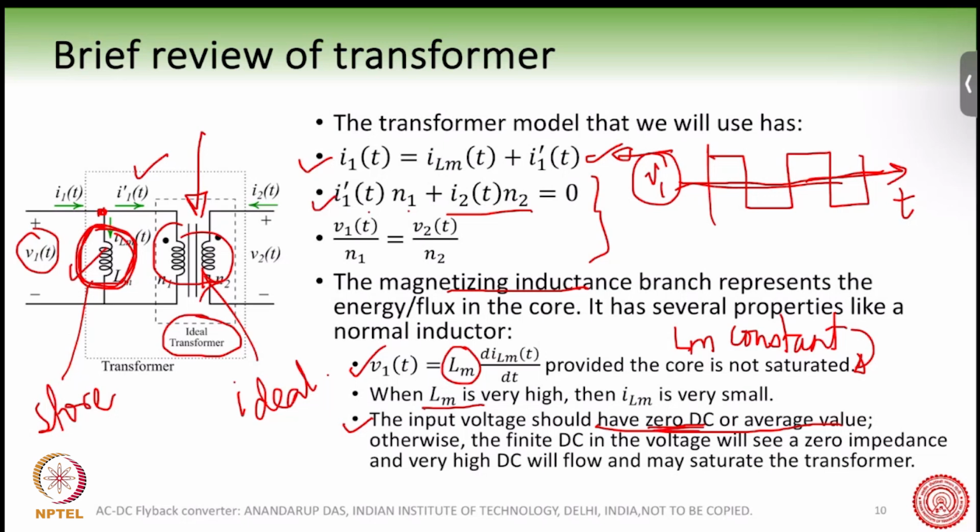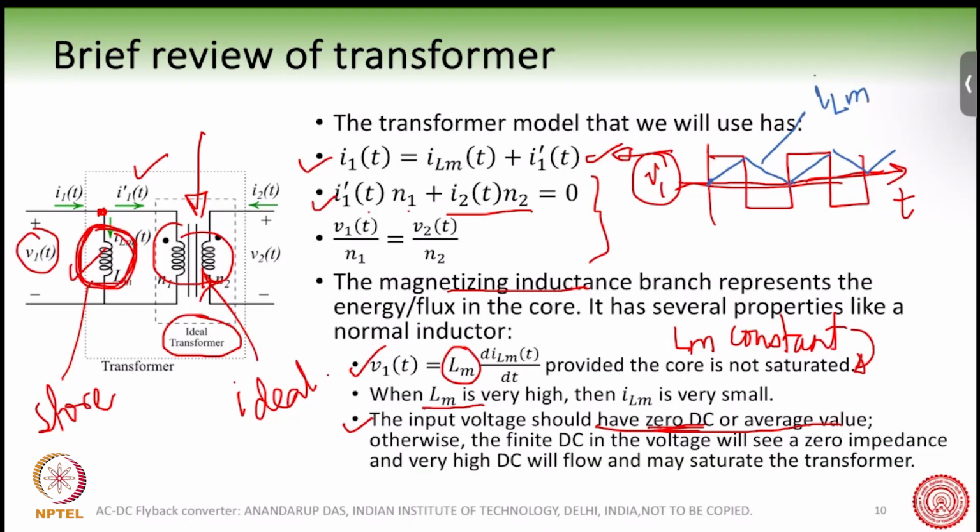Now, what will happen if there is a DC? Let me draw the current ILM. If you apply this voltage, ILM will go up and down like this. This is the ILM, the current flowing through the inductor.